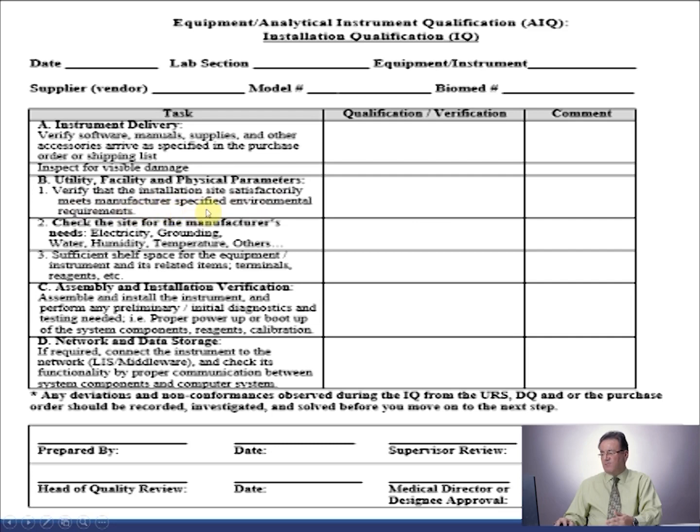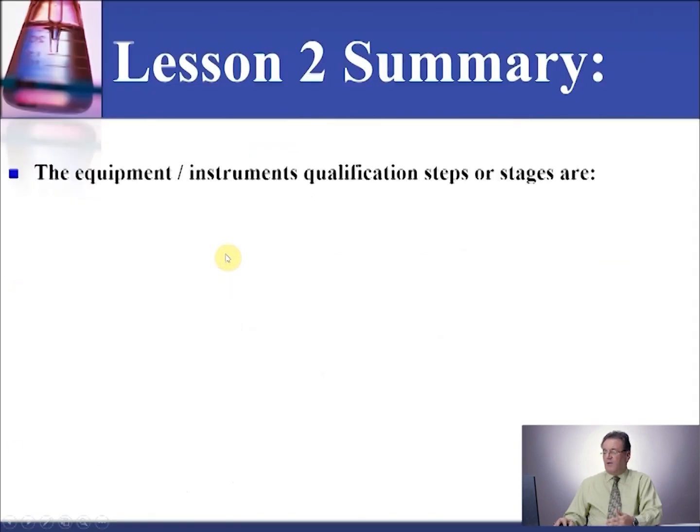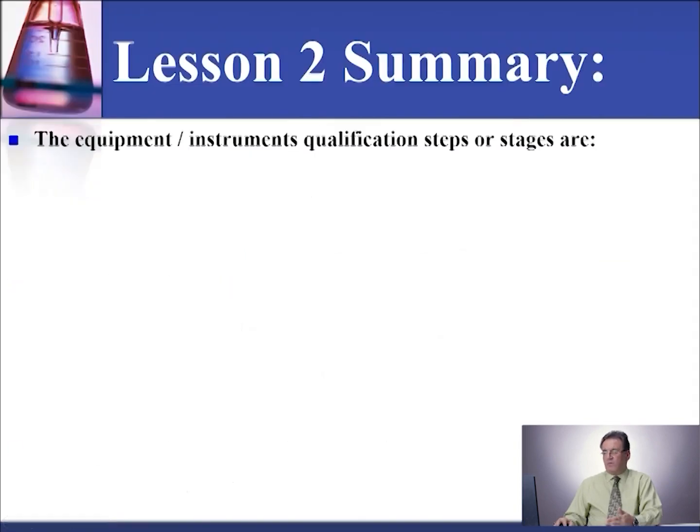Usually the IQ and the OQ will be done according to the manufacturer instructions found in the equipment or instrument manual. To save time and money prior to delivery of the equipment or instrument, ask the vendor what they need in order to make the qualification go smoothly, like the space and utilities.